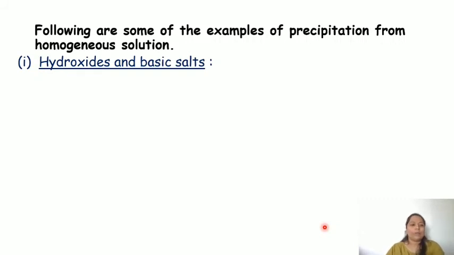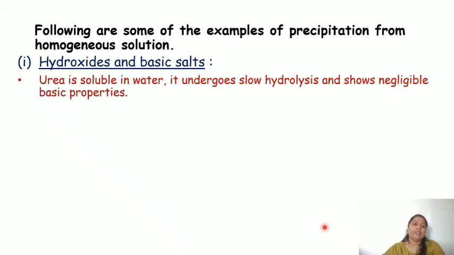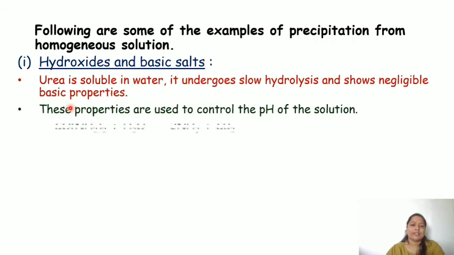Precipitates in the form of hydroxide or basic salts. Generally urea is soluble in water, we know that. It undergoes slow hydrolysis and shows negligible basic properties. Look at here. Here is the hydrolysis of urea.